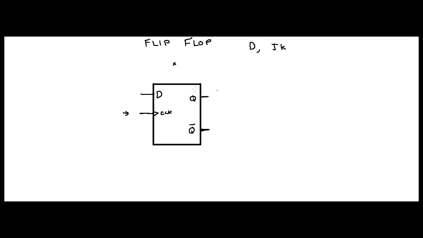If you have a clock pulse and it does this, that's your rising edge, or there's your falling edge. It depends on your flip-flop, but it's going to clock either on the rising edge or on the falling edge. So just be aware of this.